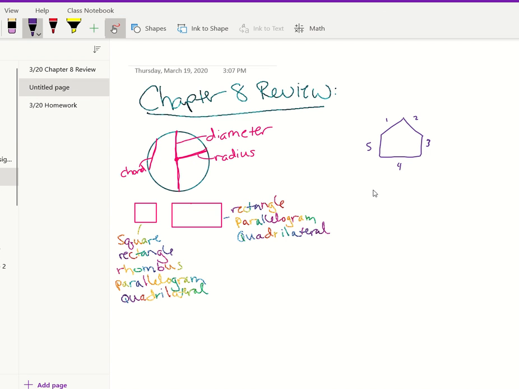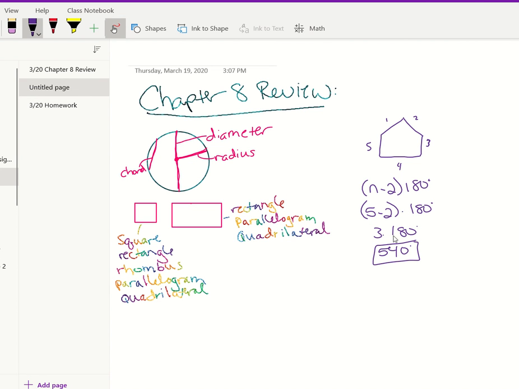Well, we remember our formula of n minus 2 times 180 degrees. So it's got 5 sides, so 5 minus 2 times 180 degrees. So this is 3 times 180, which equals 540 degrees is the sum of the angles in here.